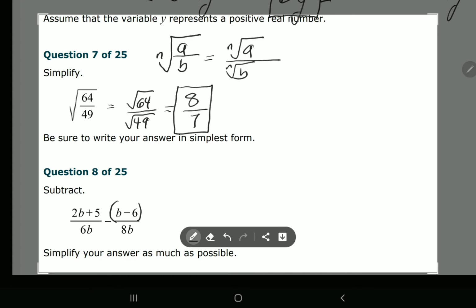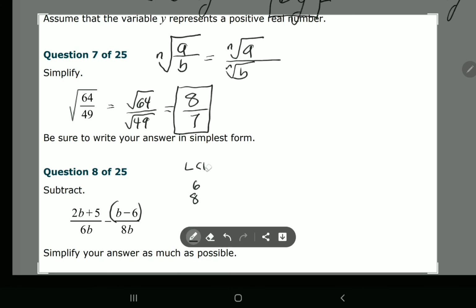When you are subtracting fractions, you must have the same denominator. Both denominators have a b to the first power, so that is fine. However, one has a 6b, the other an 8b. So we must find our LCD between 6 and 8.